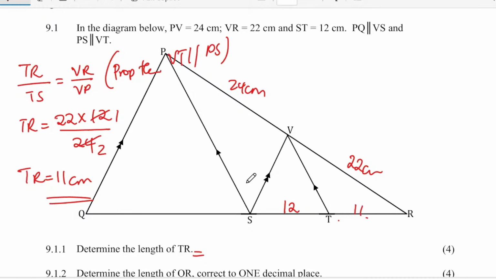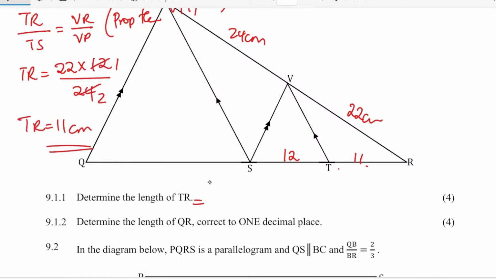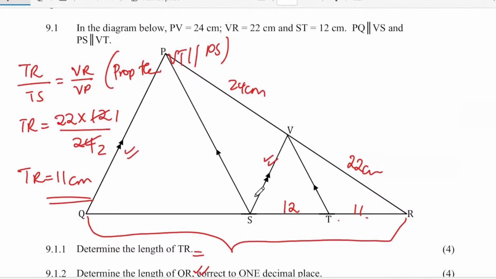Okay, if that is true, they want us to get the length of QR, meaning from here up to there. Which lines are we going to focus on? We're going to focus on these two parallel lines. If we have SR over QR, it should be the same as VR over PR.